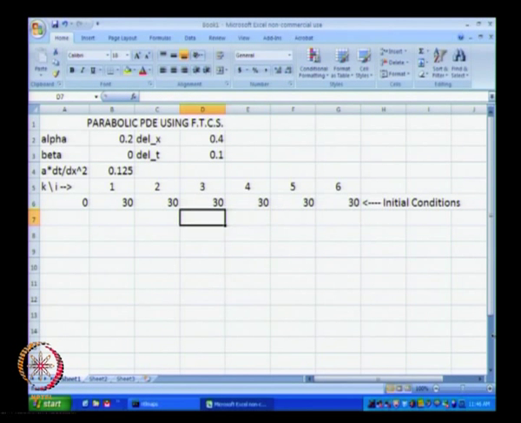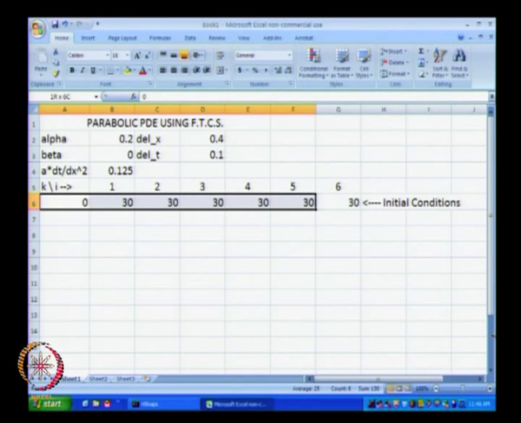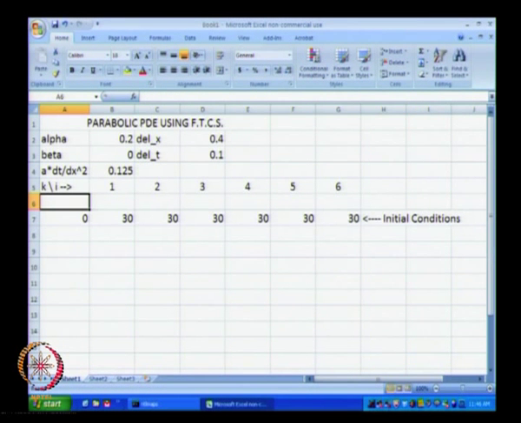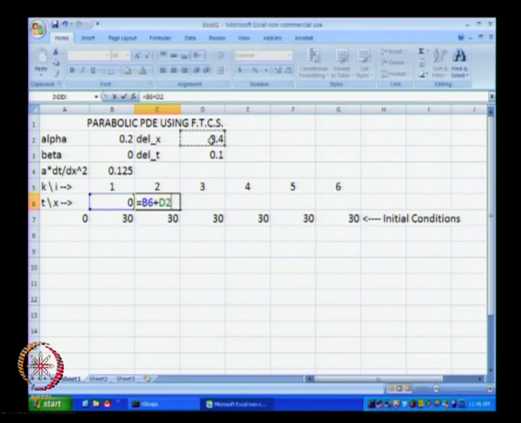Starting with the initial conditions, now we go forward. As we move forward we will write these things down. I will move this one row below and write down the actual time and the actual x. This is going to be equal to 0, and this is going to be equal to the previous value plus delta x.